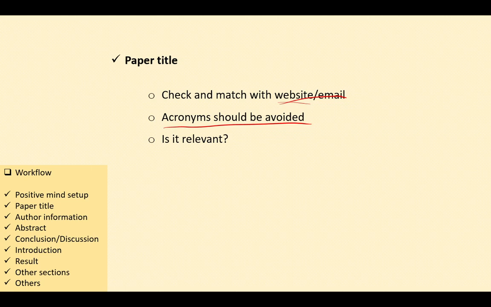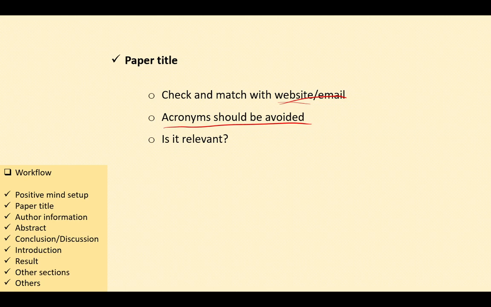For example, IoT, Internet of Things, 5G, right? ECG, EEG, everybody knows these terms. So those terms are fine in title, but if some abbreviation or acronym is not widely familiar, then that should not be used. If there is any acronym, note it down and notify the author.